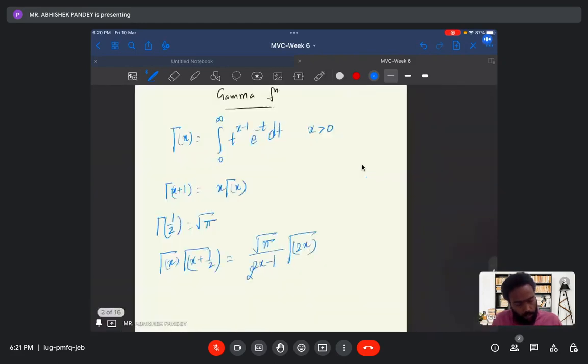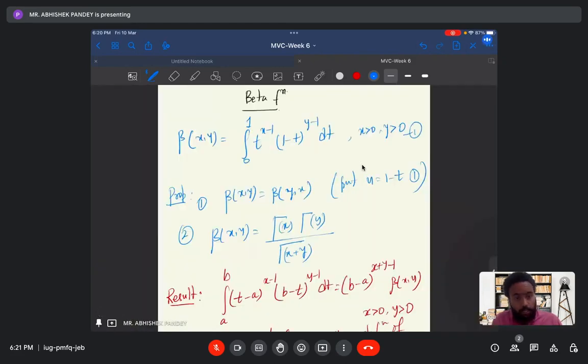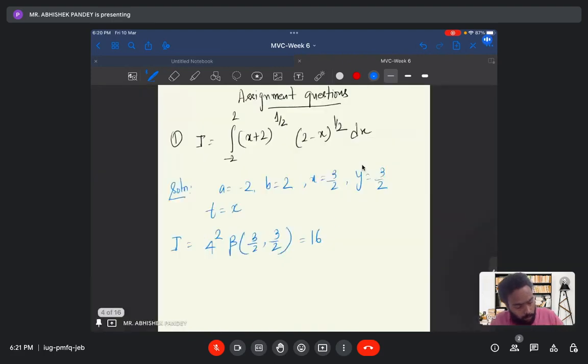Again we will use the relation between beta and gamma. This equals gamma of 3 by 2 times gamma of 3 by 2 upon gamma of 3 by 2 plus 3 by 2.